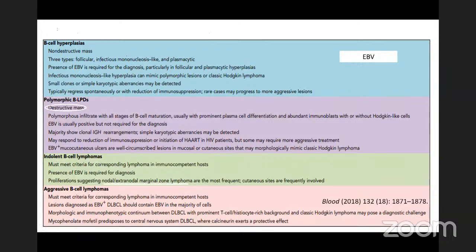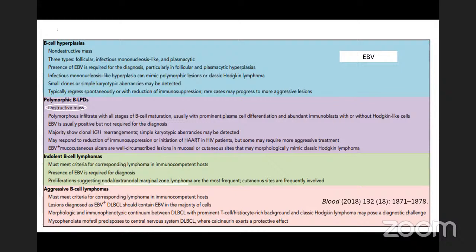they put, in many of the lymphoproliferative disorders related to immunodeficiency, the same progression criteria as in PTLD, starting with B-cell hyperplasia with a non-destructive lesion, EBV positive, and progressing to polymorphic B lymphoproliferative disorder, which characteristically is polyclonal and has destructive lesions.